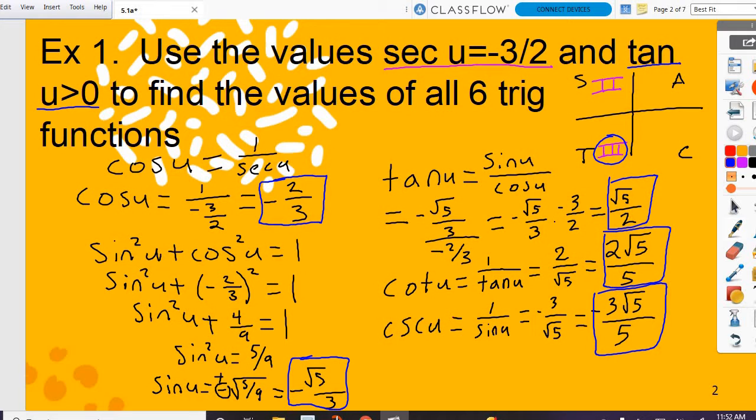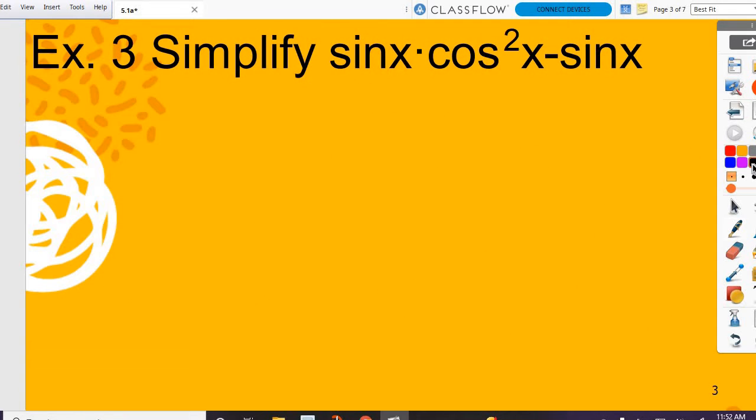The other way that we can use trig identities is to help us solve or simplify when we have trig expressions. So let's look at an example of that.